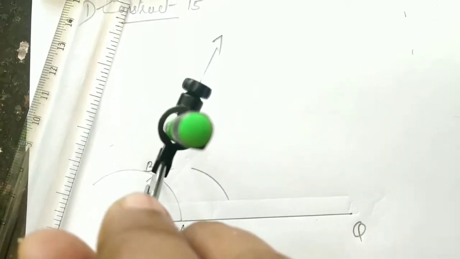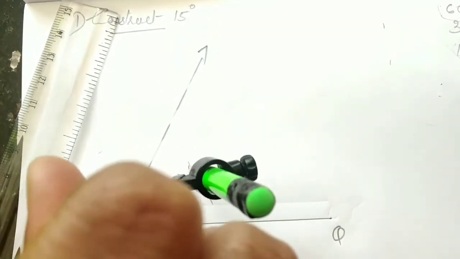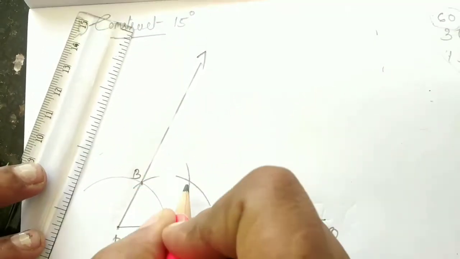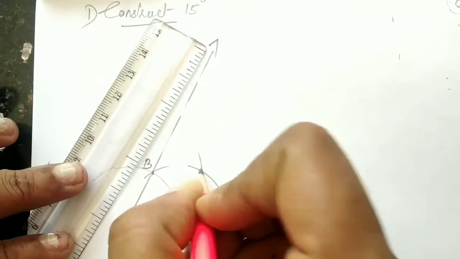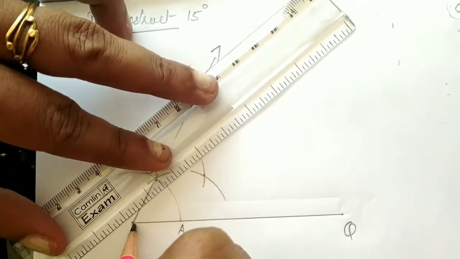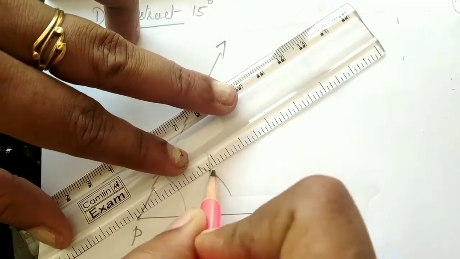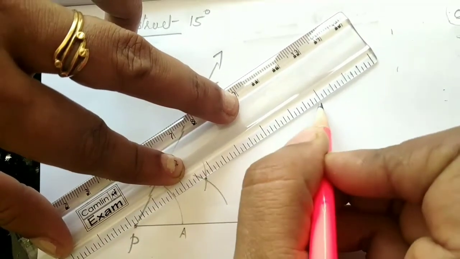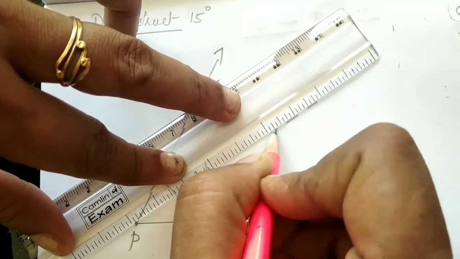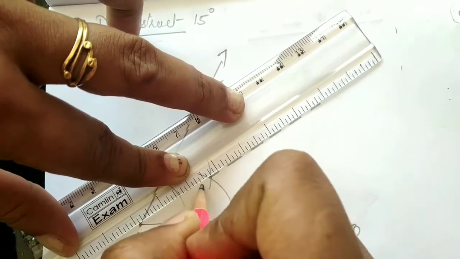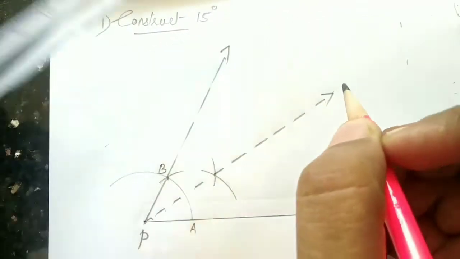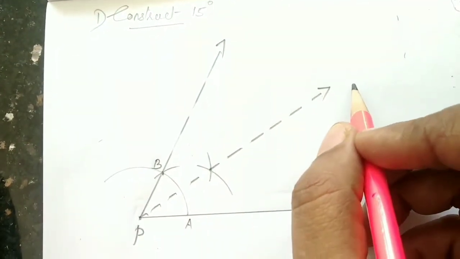At B, cut the arc like this and mark the point of intersection. We get this as 15 degree. This is 15 degree.